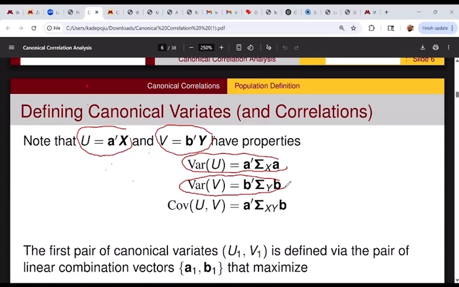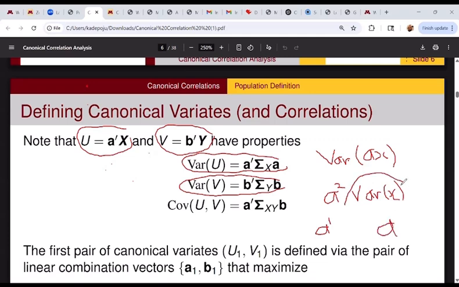Remember, in conventional, classical statistics, if I have the variance of AX, I'm going to have A squared times the variance of X. If I want to write this in matrix form, A squared is going to be A transpose, with A put right here, and the variance of X is going to be this.